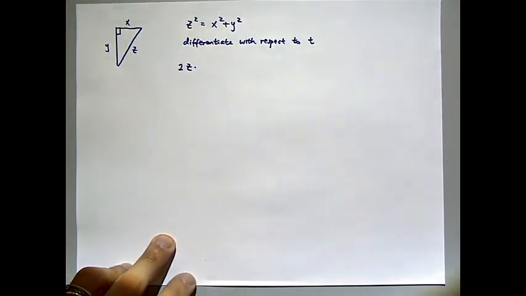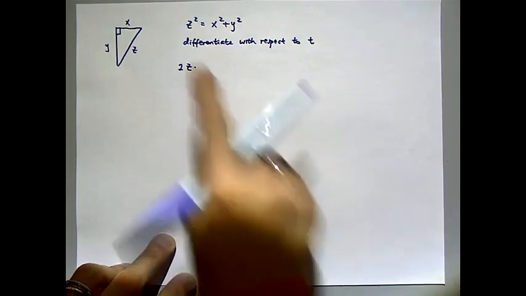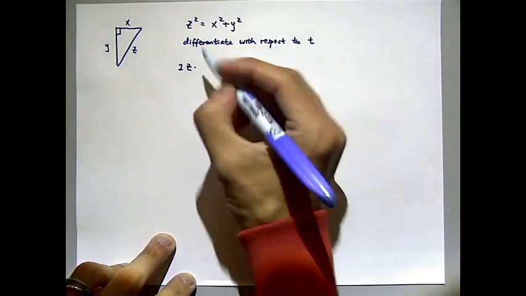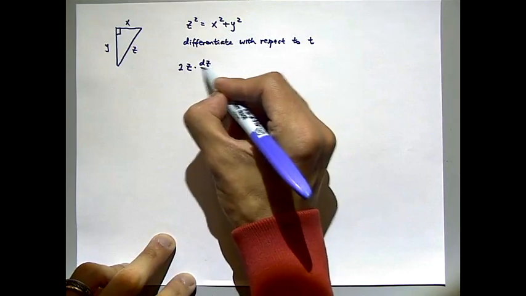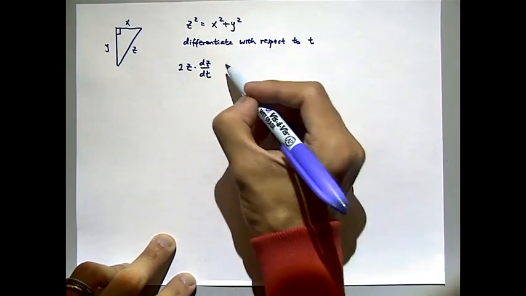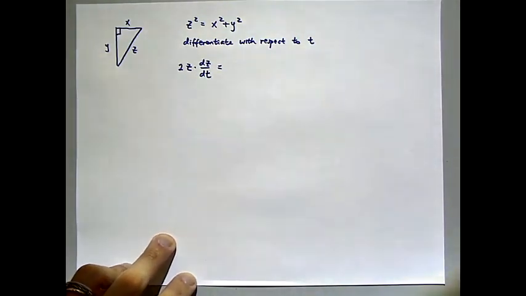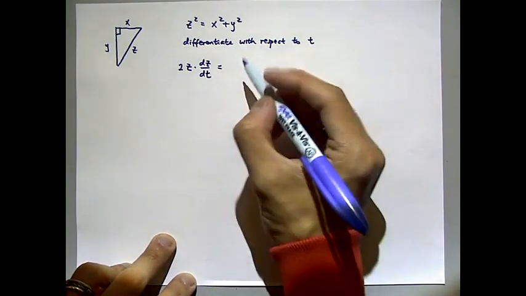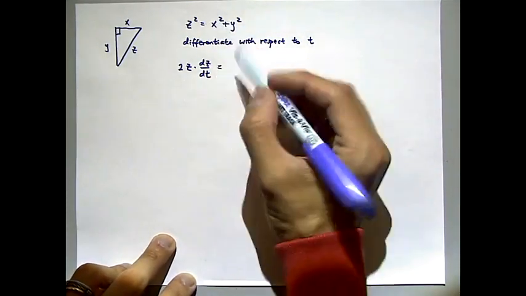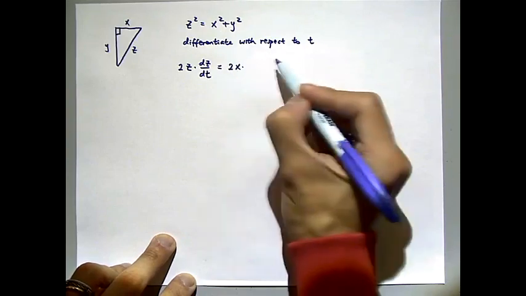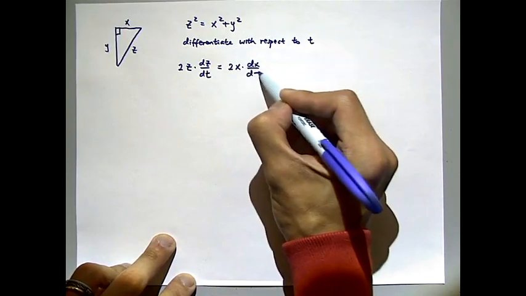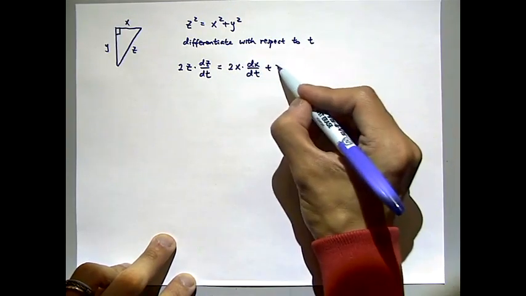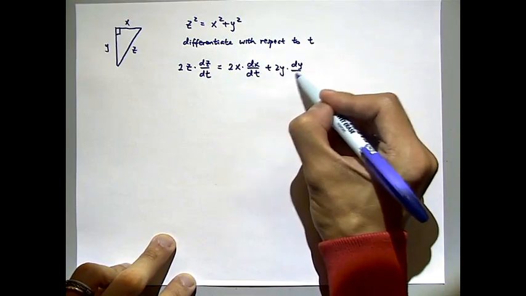And now you got to remember z is a function of t. So taking the derivative involves a chain rule, dz/dt. Same thing with x and y. They're both implicit functions of t. So the derivative of x squared would be 2x dx/dt. And the derivative of y squared would be 2y dy/dt.